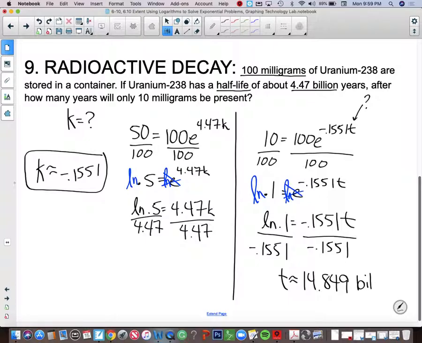So that would be 14.849 times 10 to the 9th, if you were thinking our actual number. Okay, so 14.849 billion years. So we found our K value. We used the K value to find a value of T for when our radioactive uranium will turn from 100 to 10 milligrams. Okay, one more problem here.